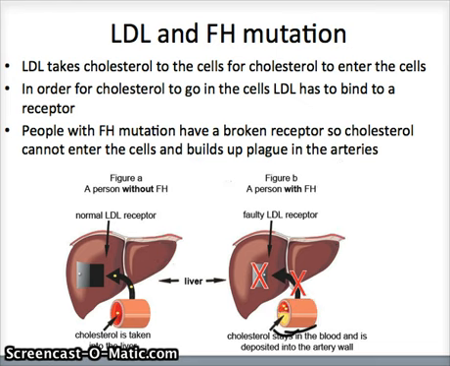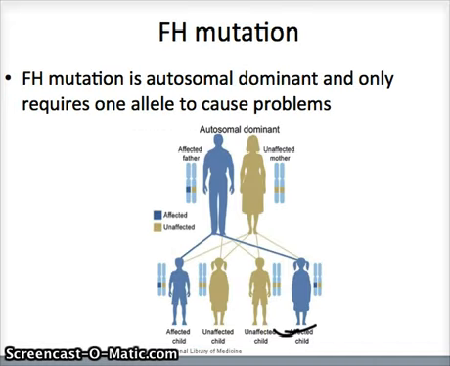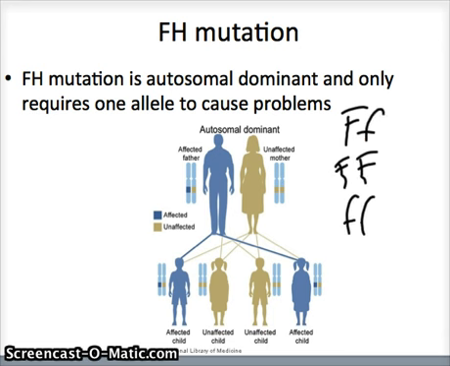All right, so let's go now and let's review. Well, first let's give a little bit more background here. FH is a genetic disease, and it's actually dominant. So if I just use F's here, if you have either one of these, you get the FH mutation, so it is dominant.